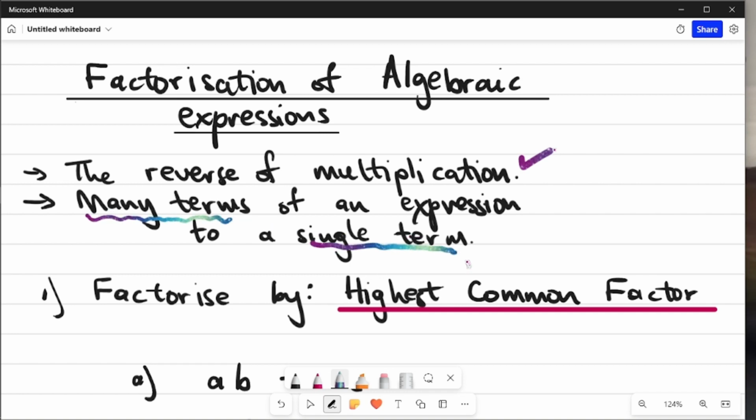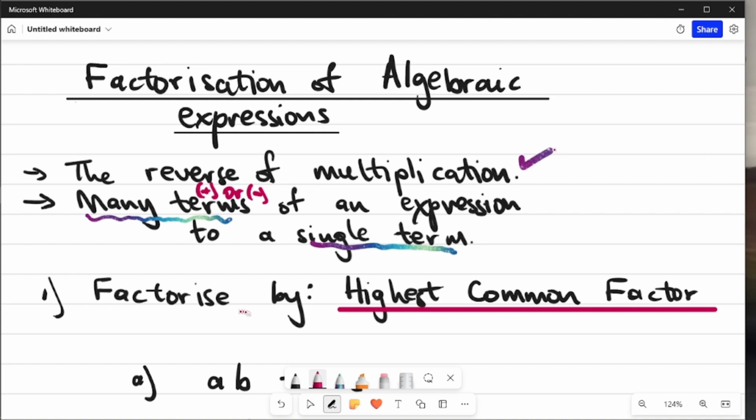So you'll be given multiple terms which you have to change to a single term. Let us remember here that terms are separated by the plus or the minus sign. Whenever we say plus and minus sign, just know that those two signs separate terms.